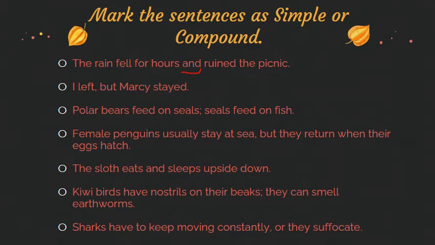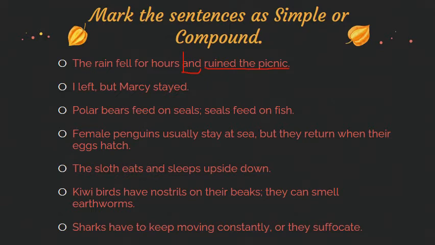The rain fell for hours. If you're saying that I have here a compound sentence, then before "and" I take the first independent clause, and after "and" I take the second independent clause. Let's check if they make independent clauses. The rain fell for hours. Okay, it makes an independent clause. Let's read the second part: ruined the picnic. No, it doesn't make an independent clause. Why? Because it's missing a subject.